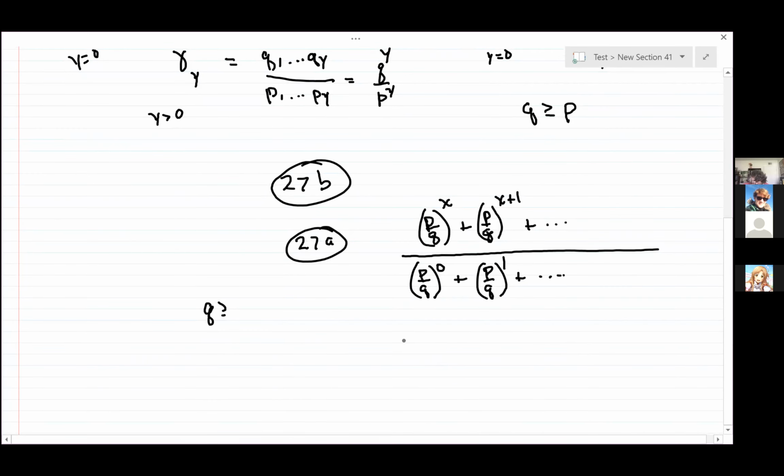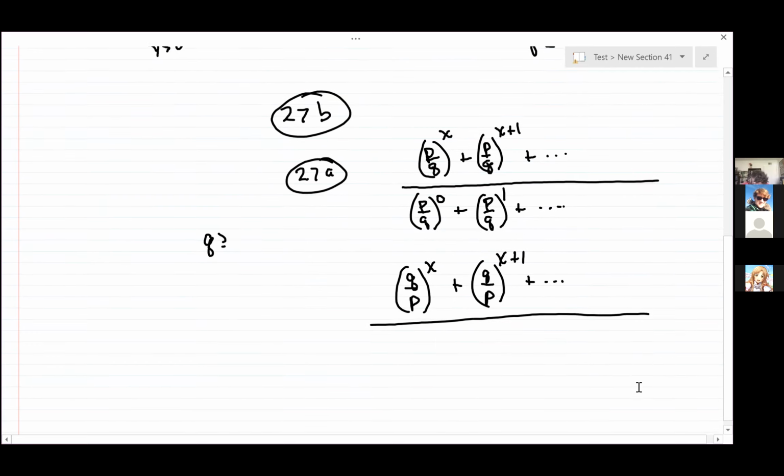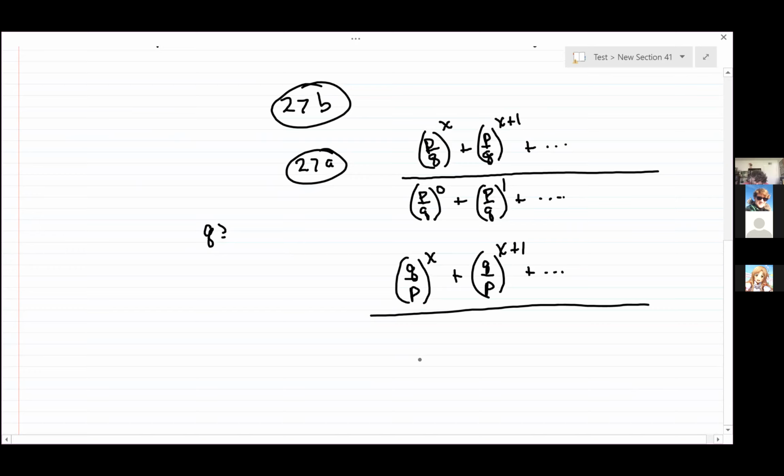It should be Q over P to the X plus Q over P to the X plus 1, dot, dot, dot. That would be what's on top. And then on the bottom, it would be Q over P to the 0, Q over P to the 1.